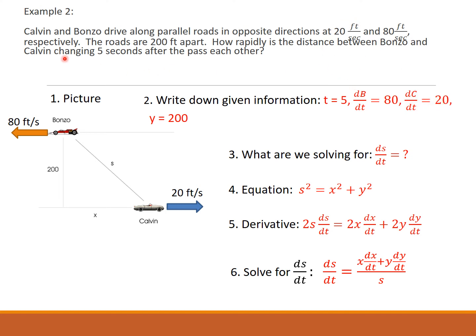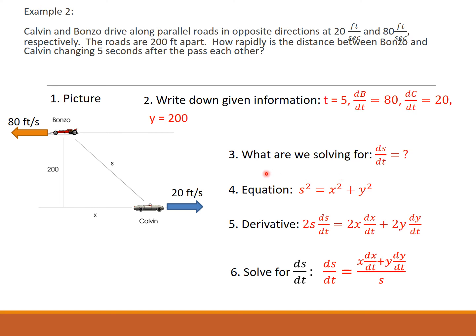And the roads are 200 feet apart, so y is equal to 200 feet. Then the third part, what are we looking for? It says how rapidly is the distance between them changing. Since I called this s, ds/dt is what we're looking for. That's our question mark in this case.